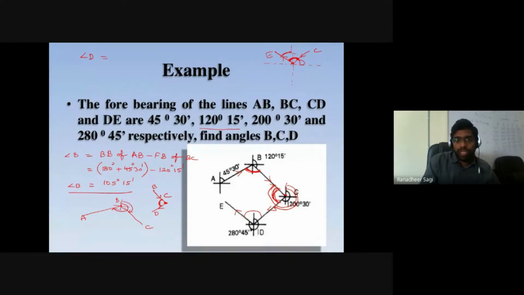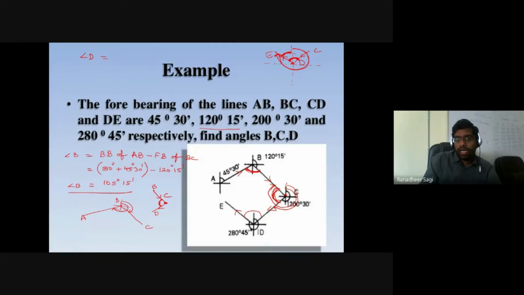This portion of the included angle is related to the forebearing of the line DE, which is measured from north till the DE line in the clockwise direction. The data of that forebearing is already known to you.